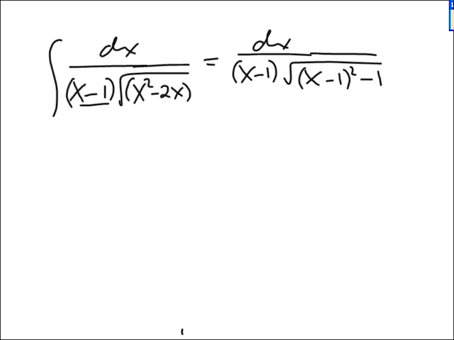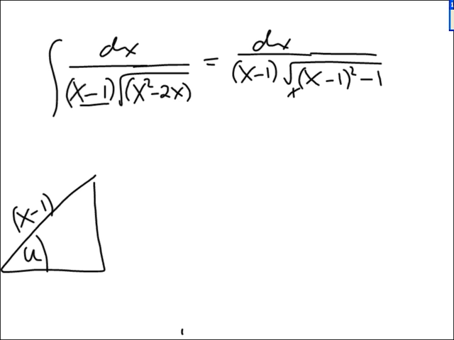We'll make a trig substitution. The understood positive part, that goes on the hypotenuse. The part that's after the minus that's being squared, namely 1, that goes here.